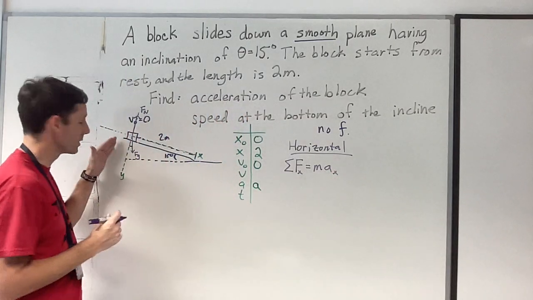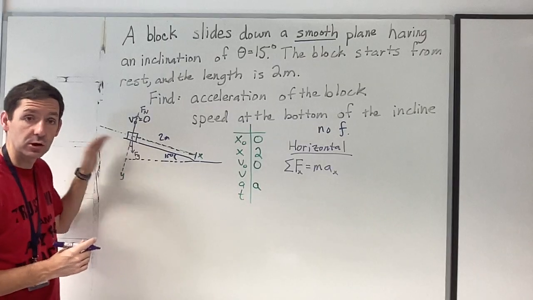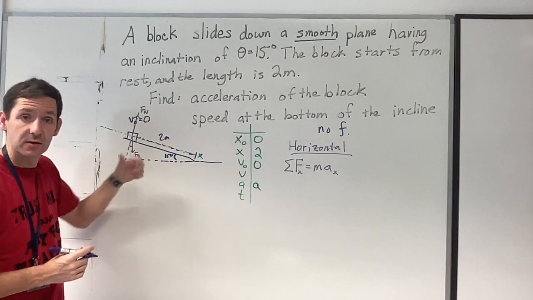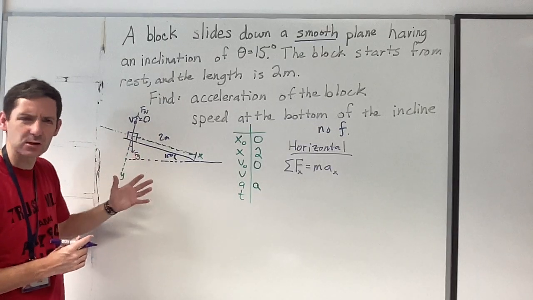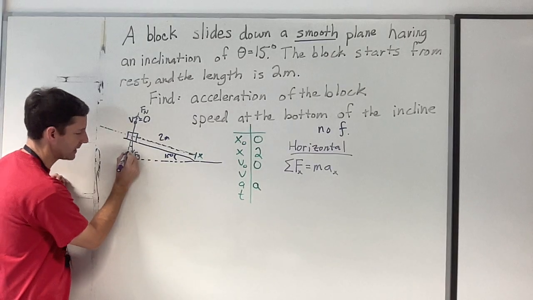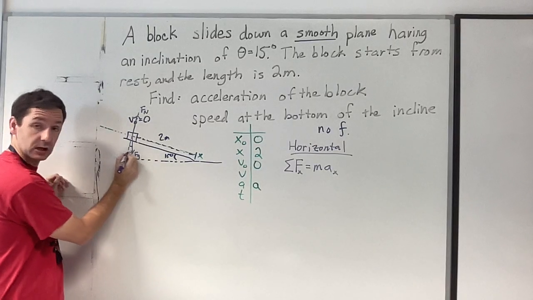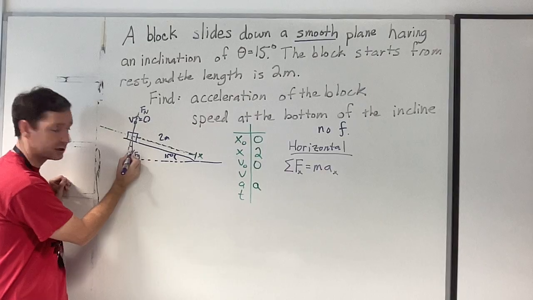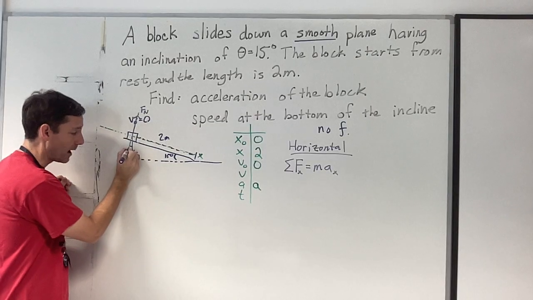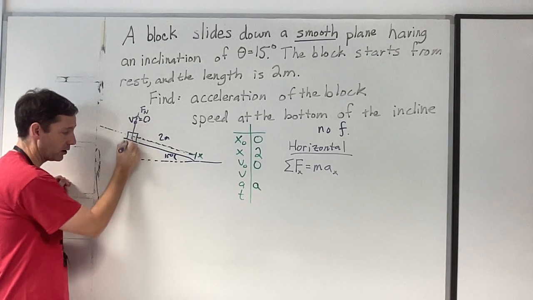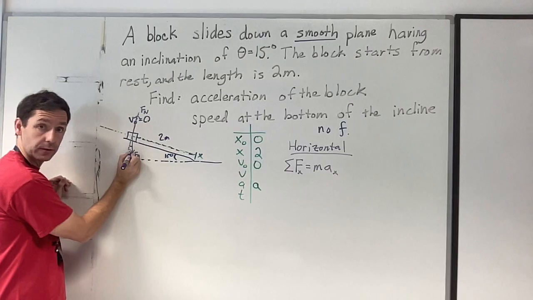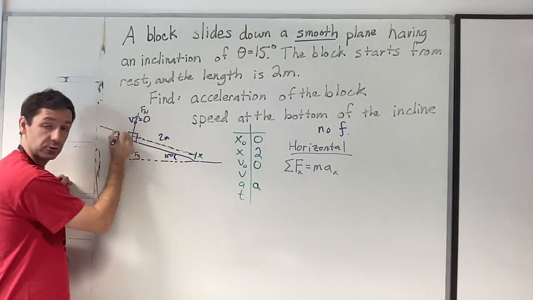So what horizontal forces do we have? Well, you'll notice that because there's no friction, there's no tension or any of those other things on there, the only horizontal force I have is this one, the horizontal component of gravity, which is very small. Remember, the right angle needs to be between your vertical and your horizontal there. The horizontal is parallel to the new horizontal.